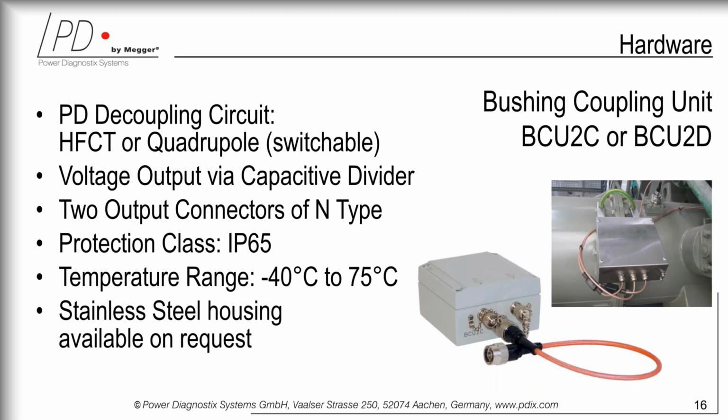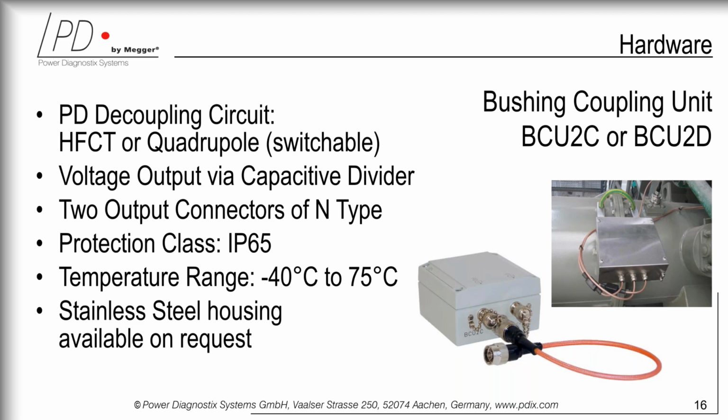The decoupling unit has basically a quadrupole typical feature, has a voltage output via capacity divider, has of course the PD output, has two N-type connectors and the same type of protection and temperature range because it needs to be outside, generally speaking, with a short lead by the bushing coupler that you've seen previously.